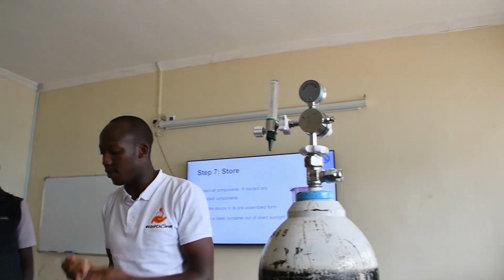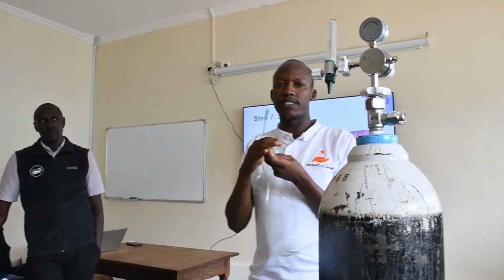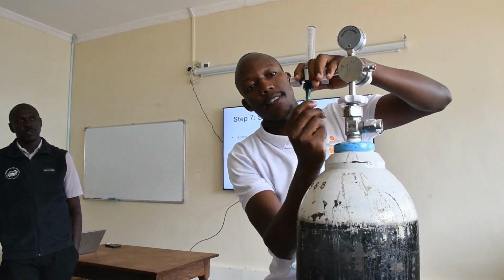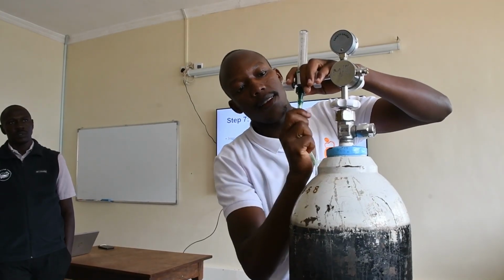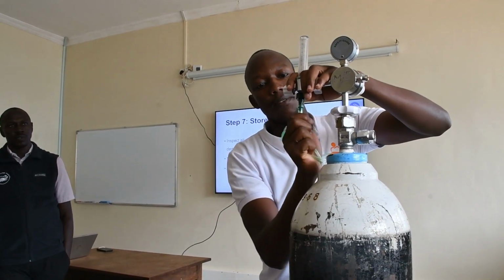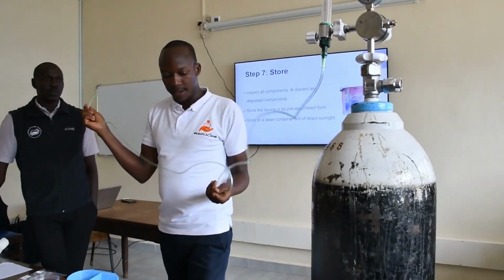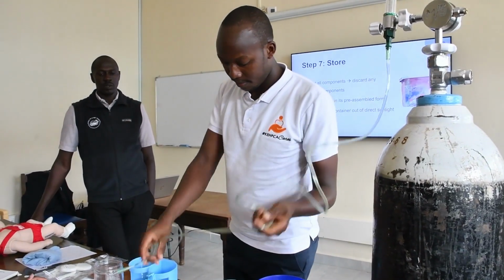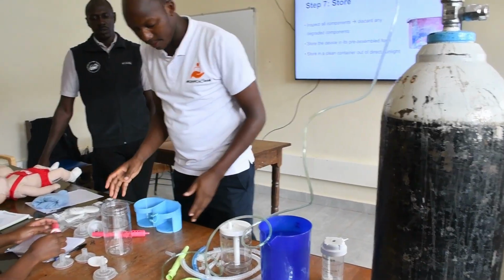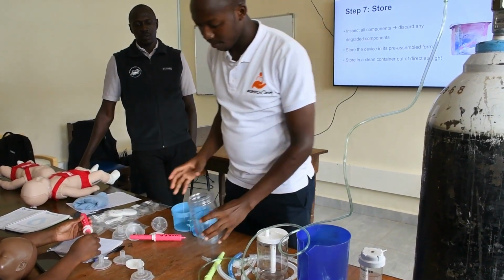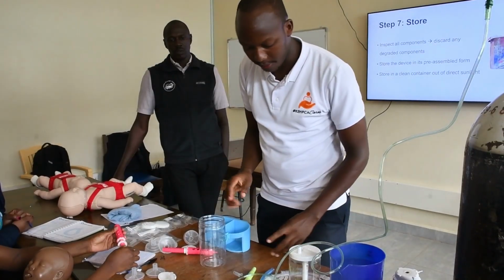Right, so the oxygen tubing is connected to our source of oxygen. Our case is a cylinder. Make sure it fits well. So from this end, let's assemble this first.